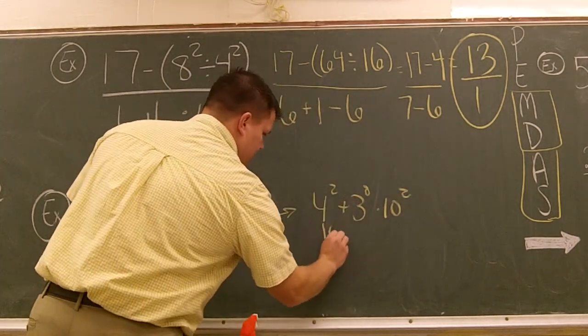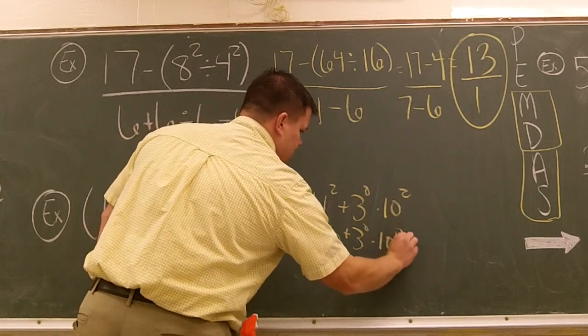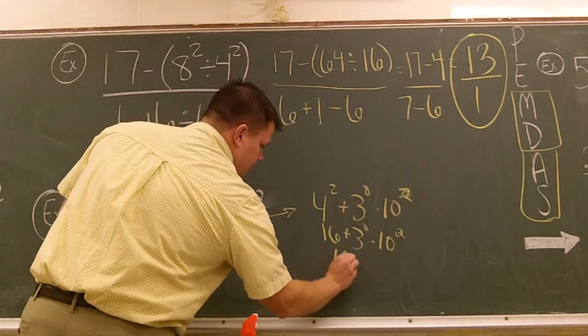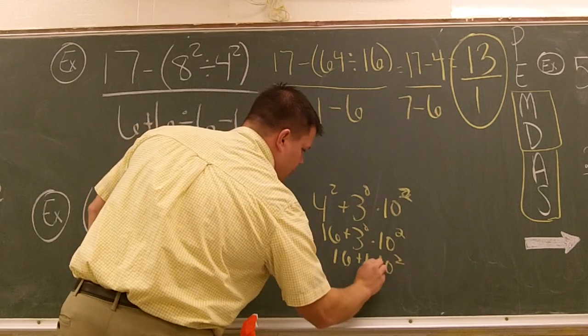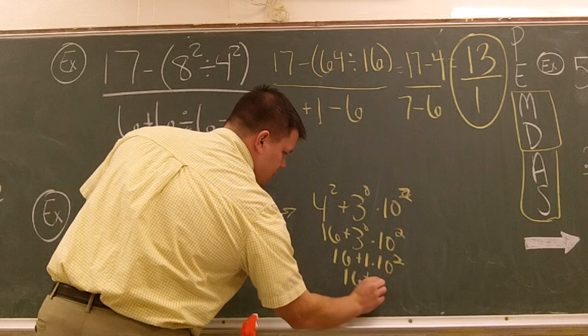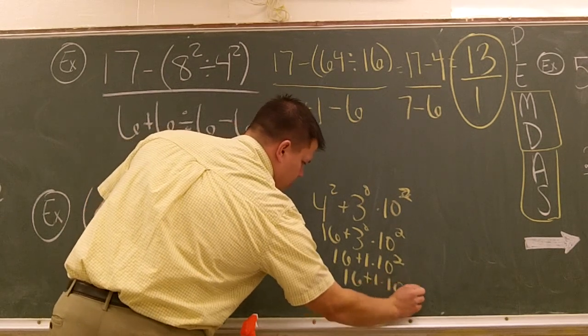So we have 16 plus 3 to the 0 power times 10 squared. 16 plus 1 times 10 squared. 16 plus 1 times 100.